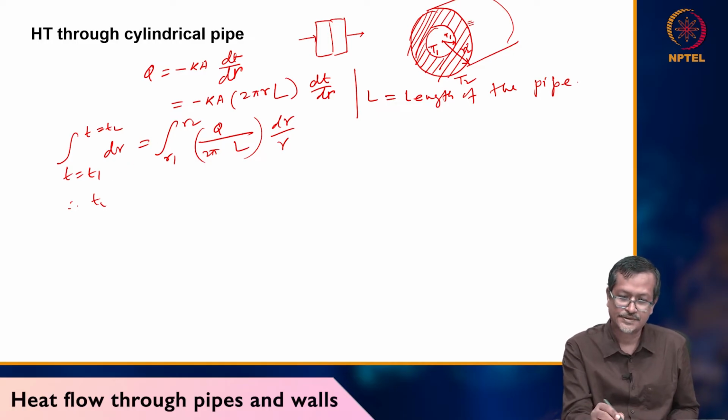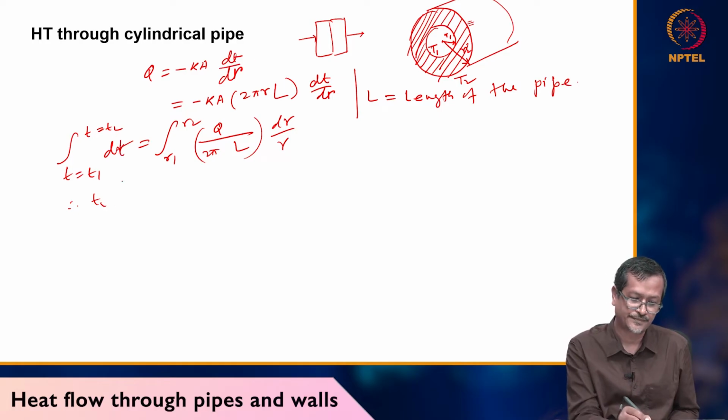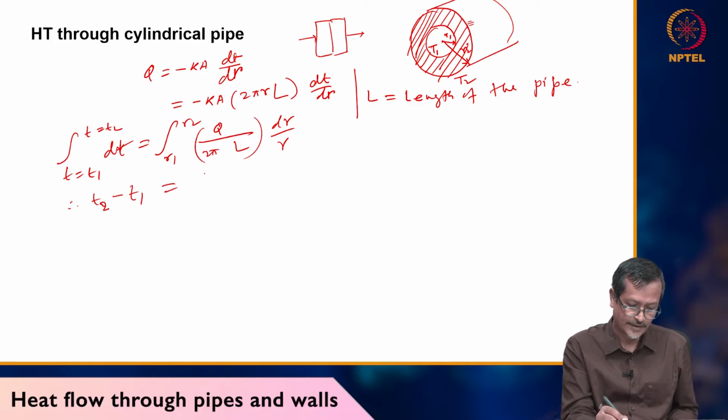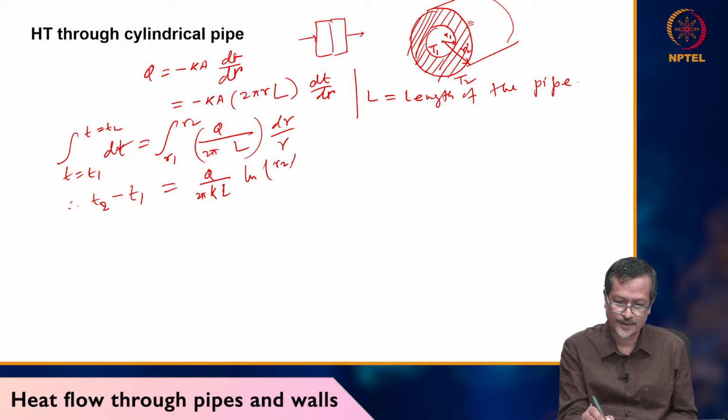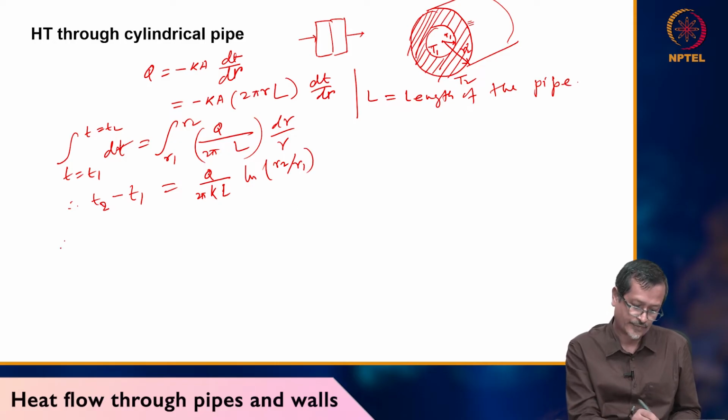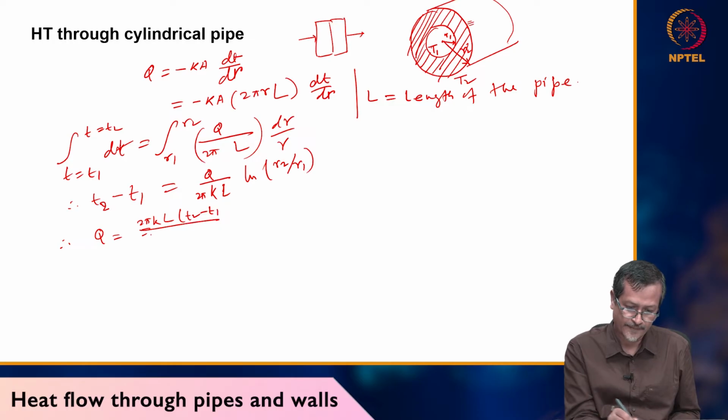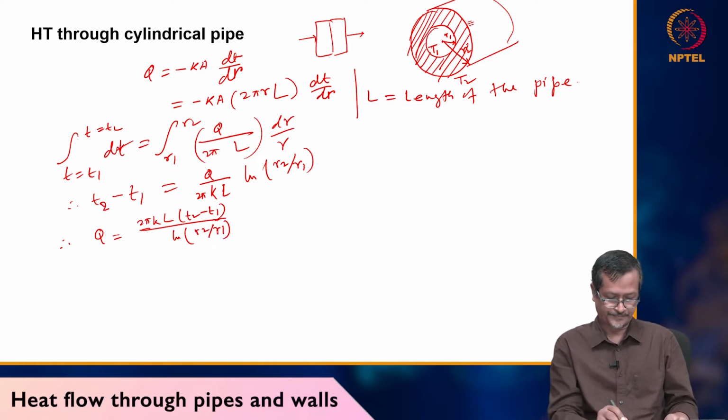So T2 minus T1 equals Q by 2 pi k L times the logarithm of dr by r, so log will come, natural log of R2 by R1. Therefore Q equals 2 pi k L times T2 minus T1 divided by natural log of R2 by R1.